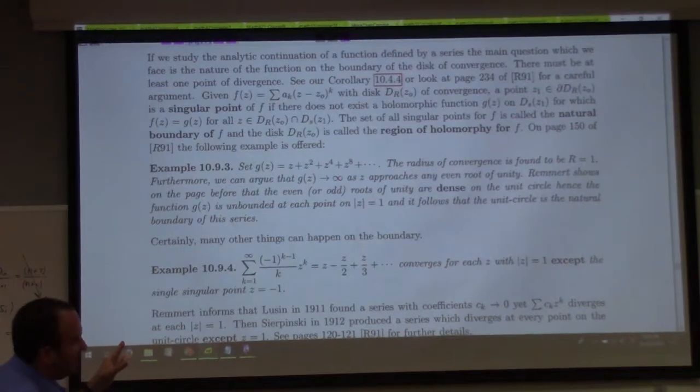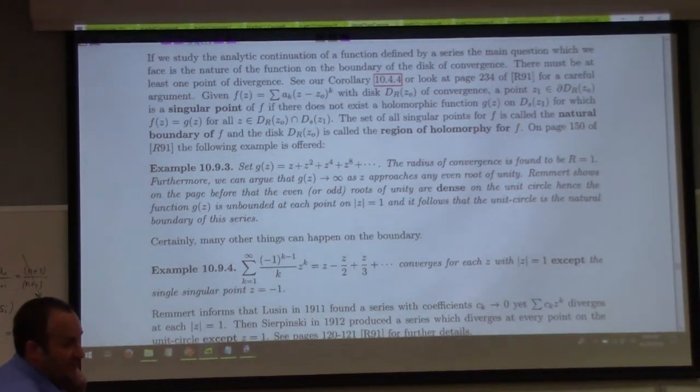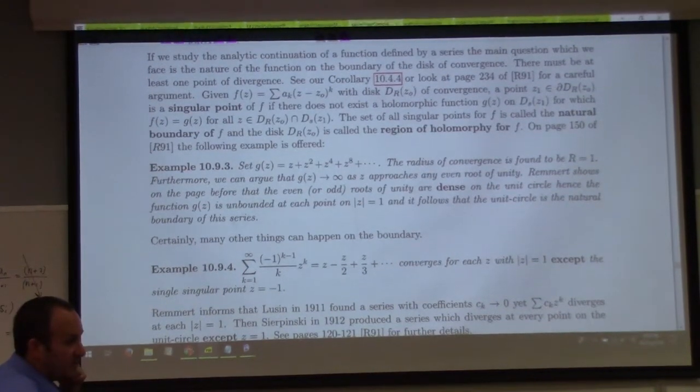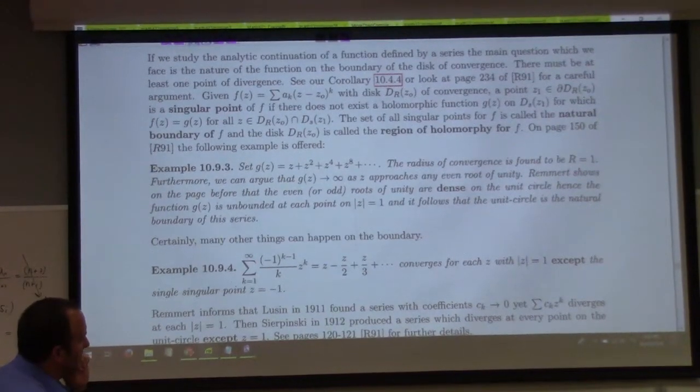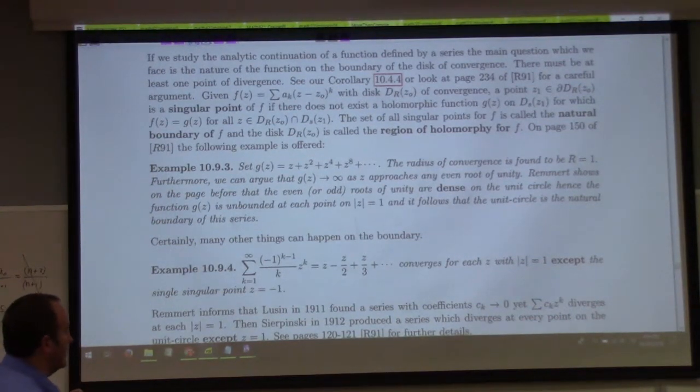And I see that if I put z equals to minus 1, I get the harmonic series, which diverges. What's not at all clear to me is why, if I pick other complex things around the circle, why those converge. But this example is saying that if you study it, you can prove that they converge. So if you define the function by this series, then you can apparently analytically continue away from the original disk in any which way you like, except don't get too close to that, because it's a singularity on the boundary.